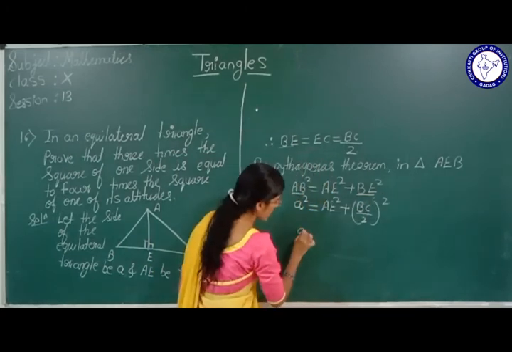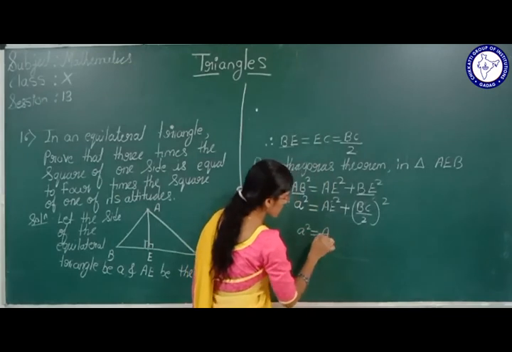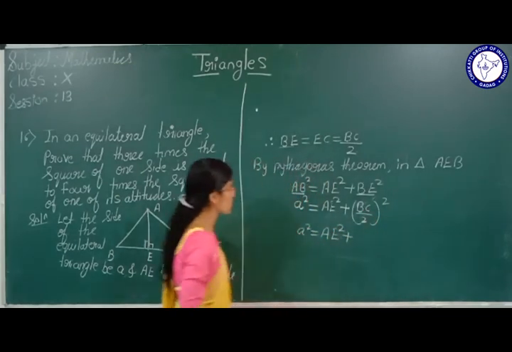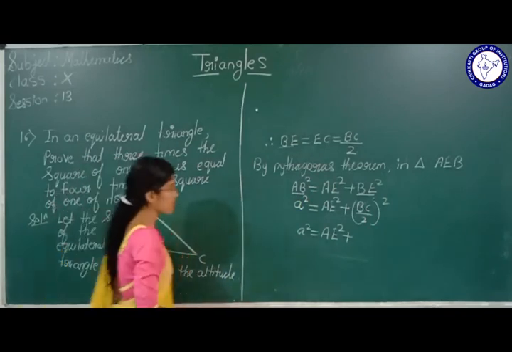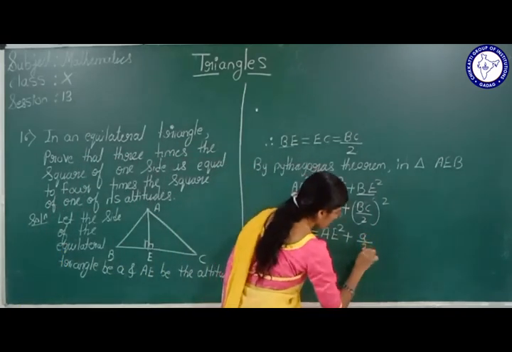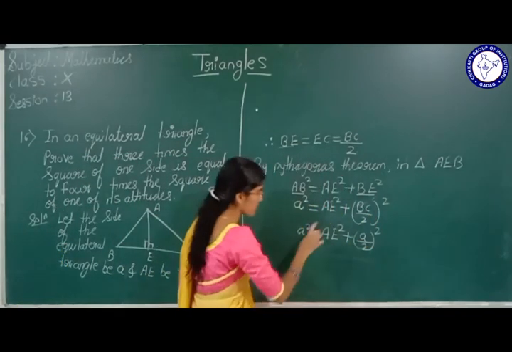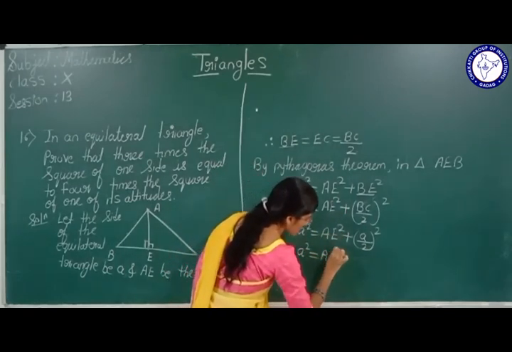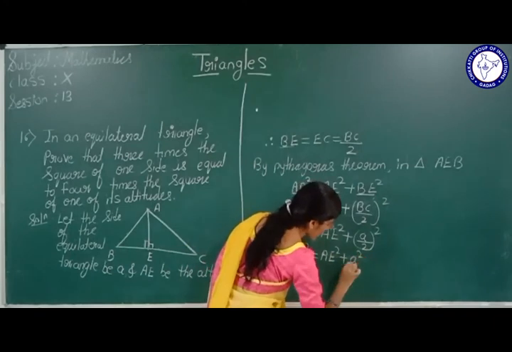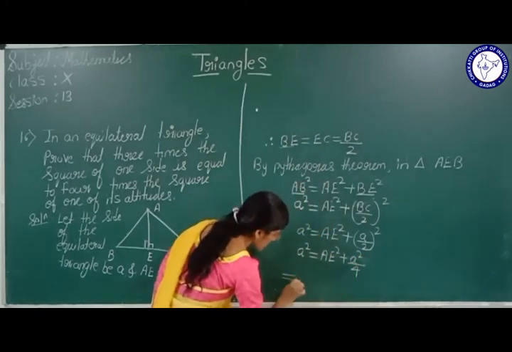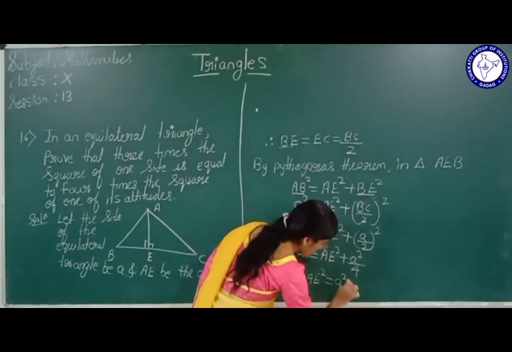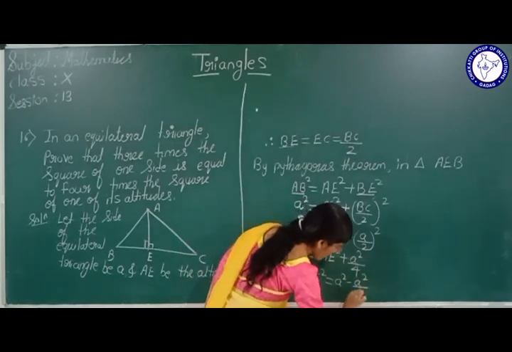A square is equal to AE square plus, what is the length of BC? BC is nothing but A by 2 the whole square. We will simplify this. A square is equal to AE square plus A square by 4. So this implies AE square is equal to A square minus A square by 4.